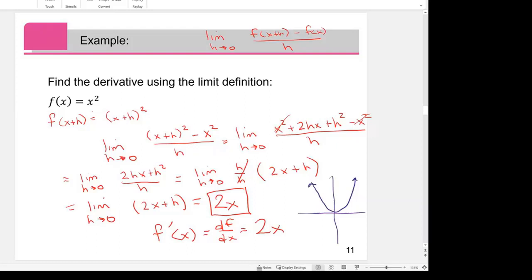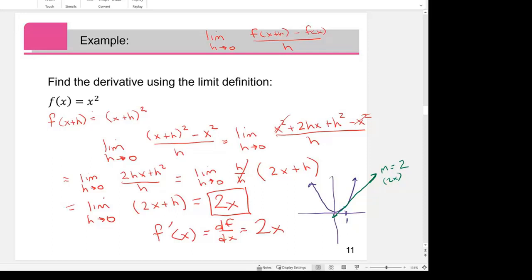And if I'm at x equals 1 and I draw my tangent line, when x equals 1, the slope of this line is equal to 2 because it's 2x.